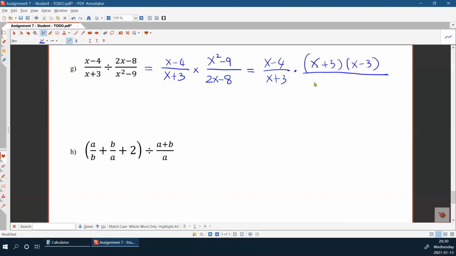For the denominator, 2x minus 8 can be rewritten as 2 times x minus 4, right? And now you can see that x minus 4 can be canceled with this one. x plus 3 can be canceled with this one. So what's left there is x minus 3 over 2.